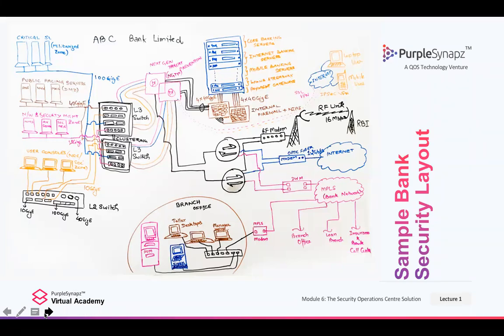This branch is uplinked to the MPLS cloud of the bank. Similarly, other branch offices and some other ancillary businesses like the loan branch, insurance, or the bank's own call center all get uplinked from their respective locations to this common MPLS cloud which the bank has put up.